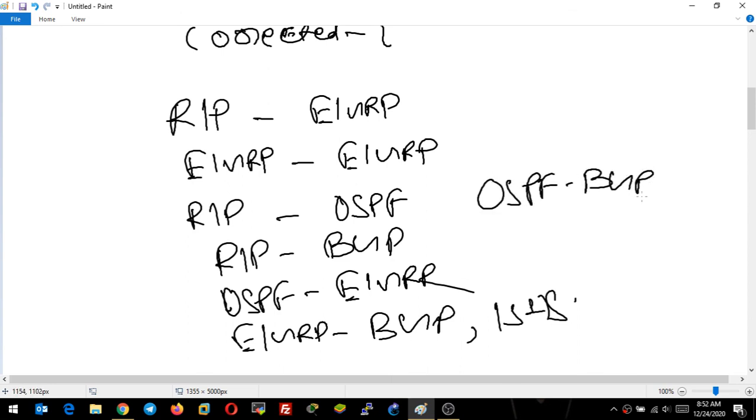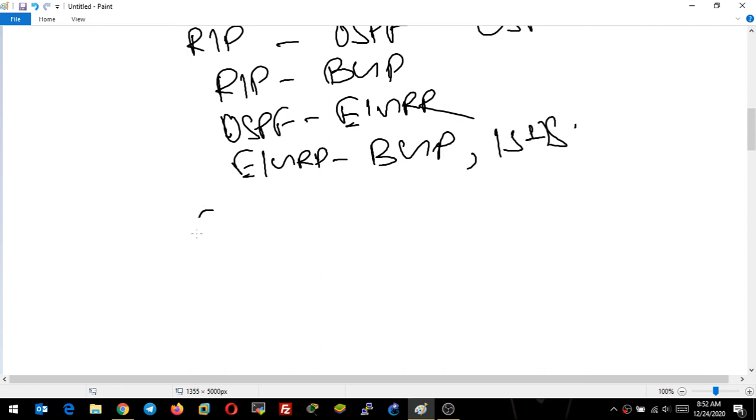All the scenarios from one protocol to another you can do if you are running different processes. Then also in case of OSPF, if you are running different processes, then OSPF to OSPF redistribution is also possible. So this is the whole story about the redistribution process.